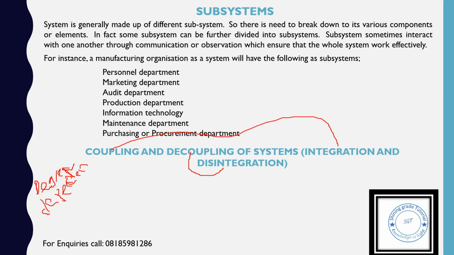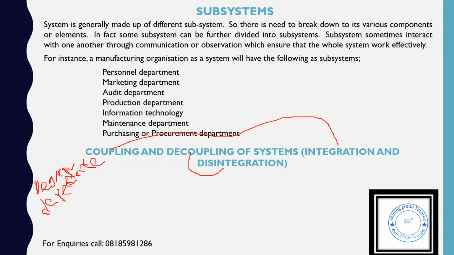So once that has been known, the degree of dependence should not be too high, because if it's high, it can pose a problem. It can put some kind of limitation, some kind of constraint on the whole organization. So when we are trying to integrate subsystems together for the proper functioning of a system, the dependence should not be too much, should not be too high.